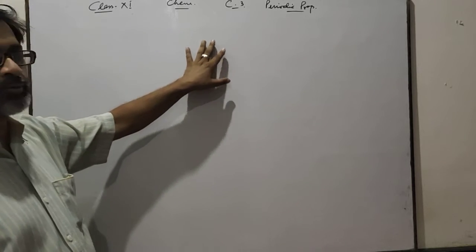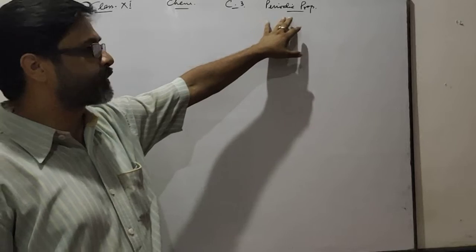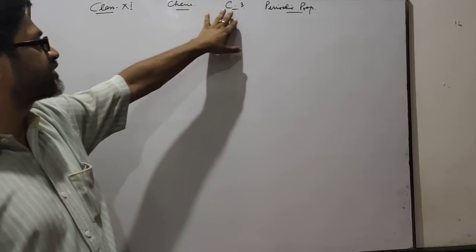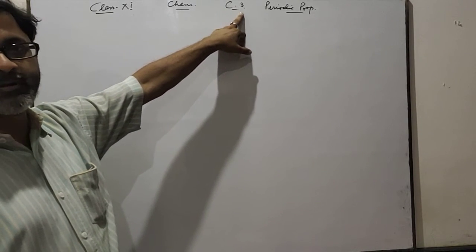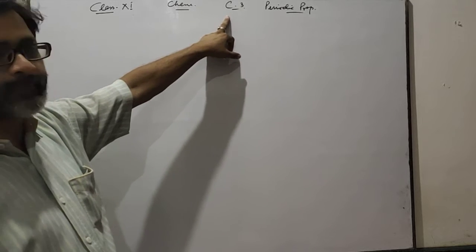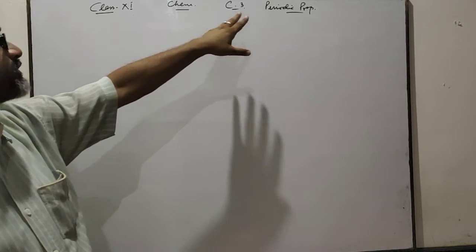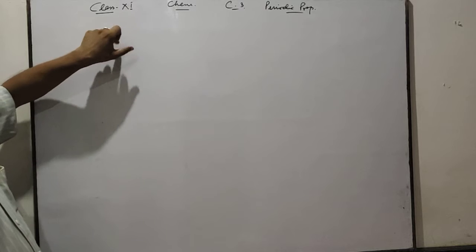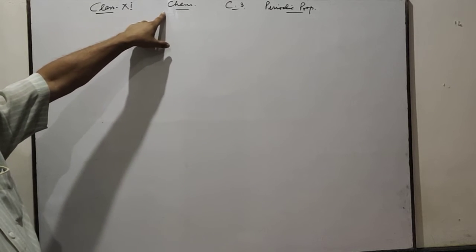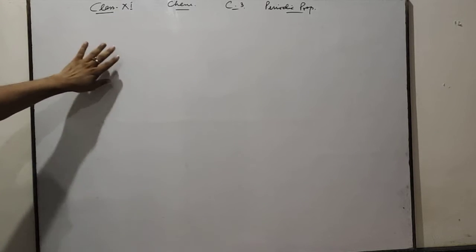I am going to continue this topic, periodic properties. This topic is related to your third chapter, classification of elements and periodicity in properties, of your chemistry for class 11th.